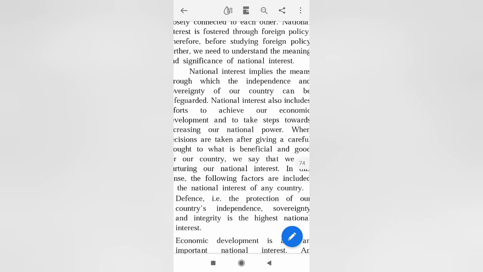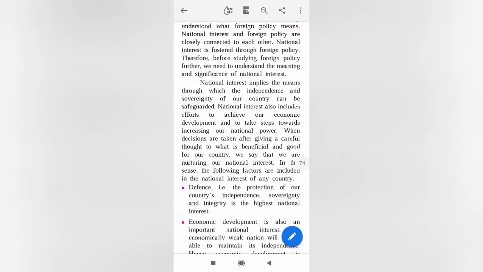Now, when I speak of national interest, my dear students, they say that every nation should take decisions. They have to give careful thought to what is beneficial and good for their country.